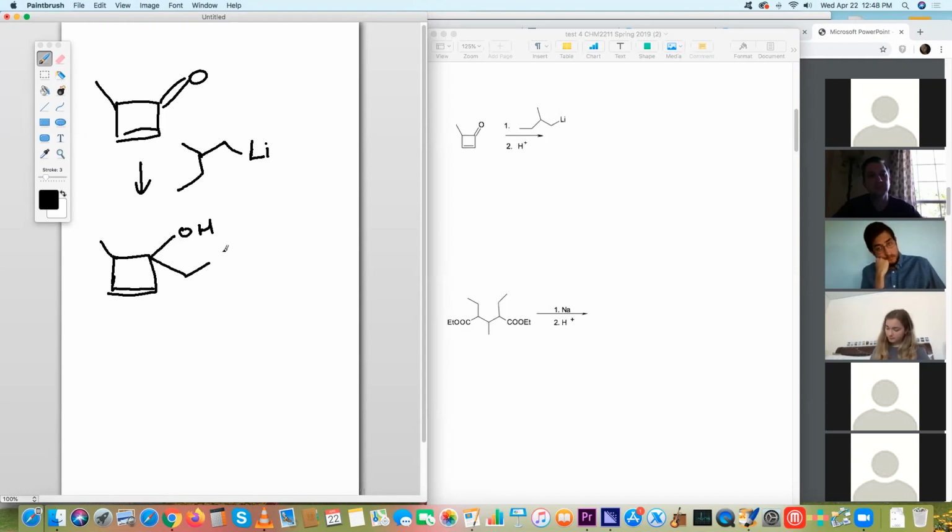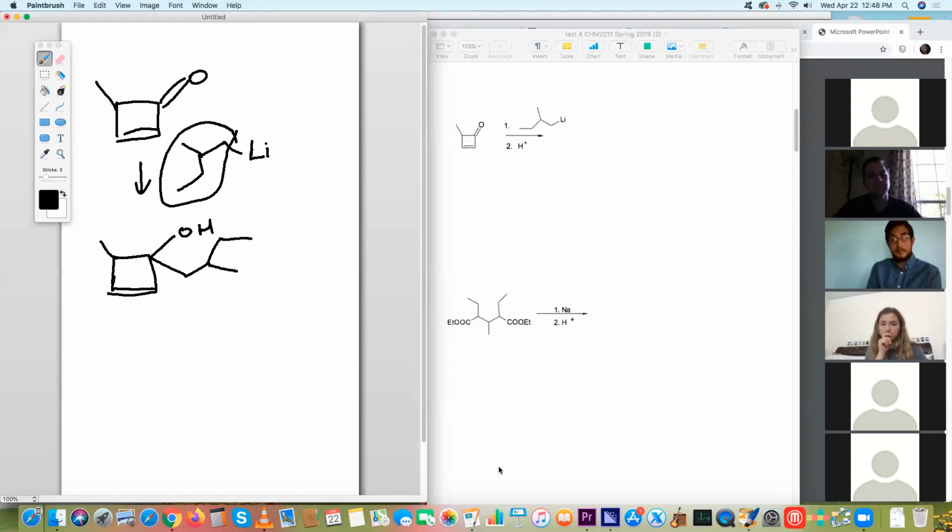And then this whole thing here that I'm circling is what joins on. I know it's kind of different shape, but I think it's right. Yeah, that's right. But it joins on to that specific carbon there.